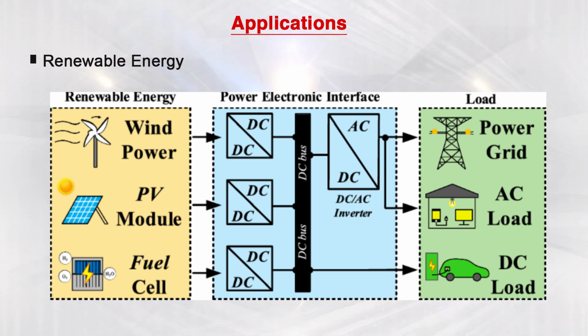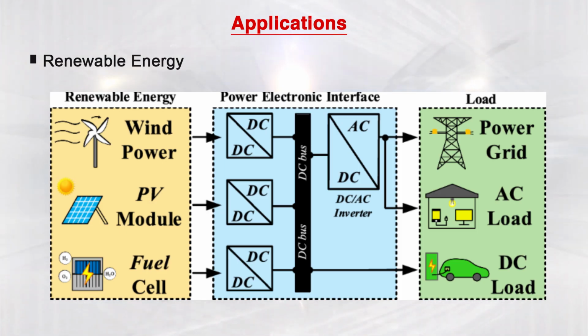In that case, these DC-DC converters help to provide constant impedance to the PV module, so that it can see the total impedance offered by the load plus the DC-DC converter as constant, and they can adjust the duty cycle so that the maximum power can be drawn from the PV array.